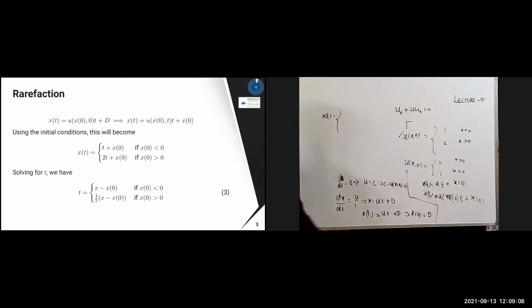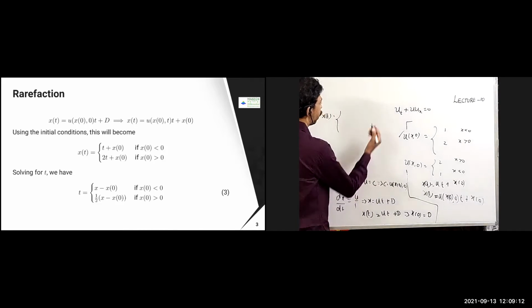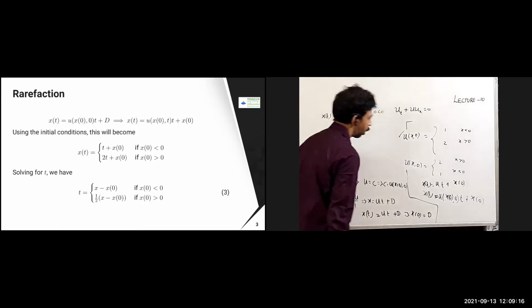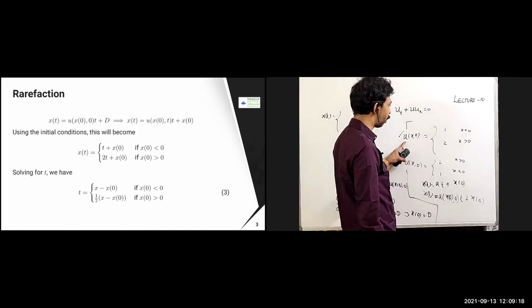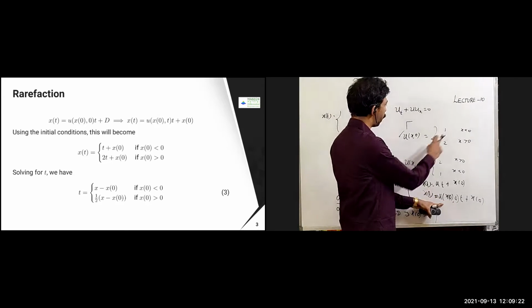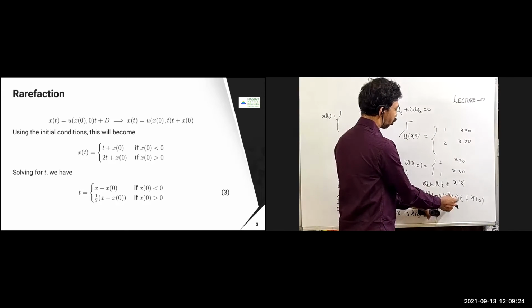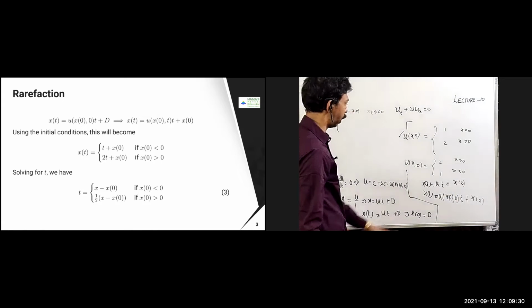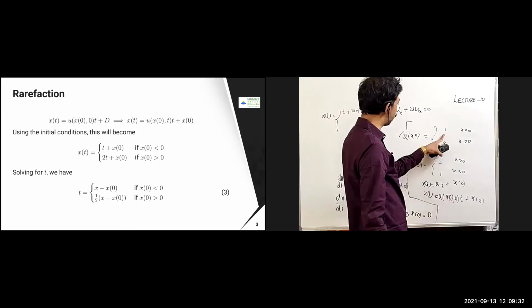Now I am just going to find what my x of t is. x of t, when x of 0 is less than 0, using this condition, u of x of 0, 0 is going to be 1. Therefore, it is t plus x naught, because u of x of 0, 0 is 1.